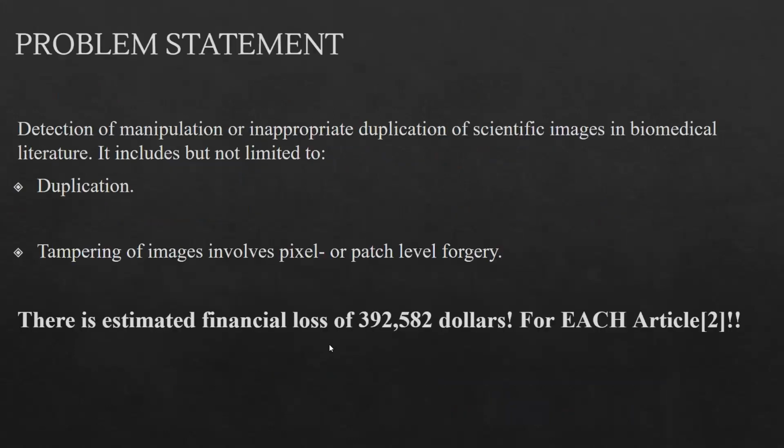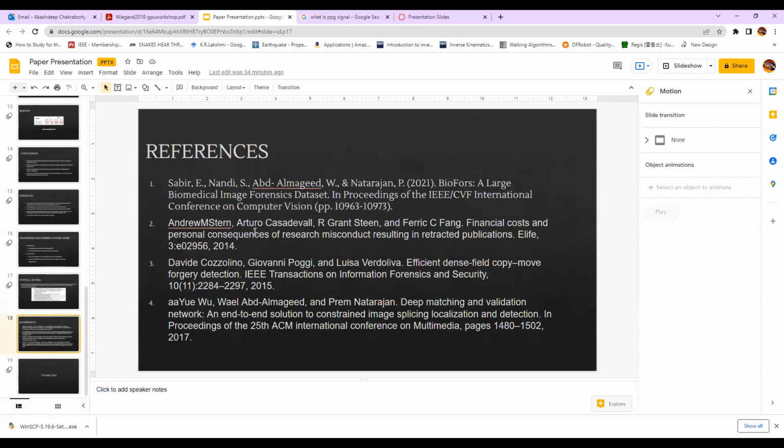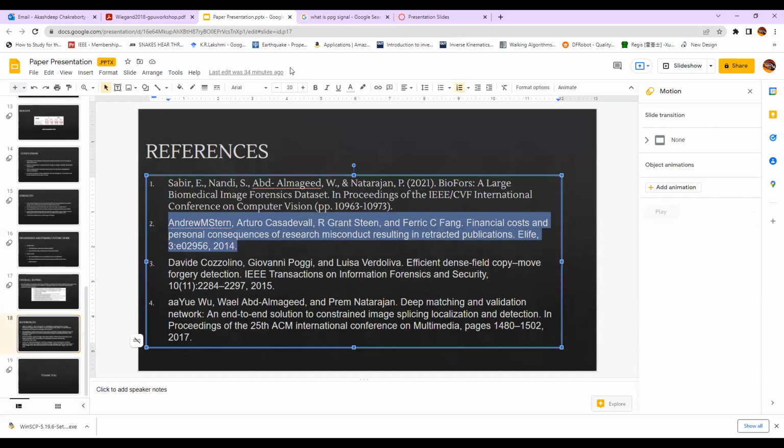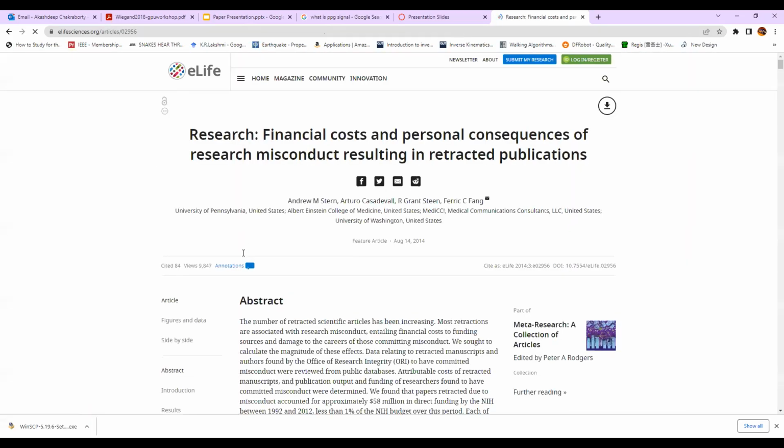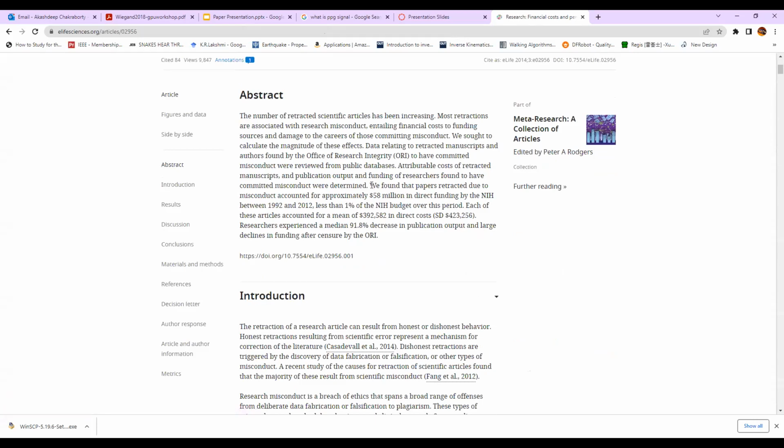which is an astounding figure of $392,582. And this is not an arbitrary number. Can I get out of this presentation mode and go to the references over here? I didn't go completely through this paper, but they mentioned that papers retracted due to misconduct accounted for approximately $58 million in direct funding by the NIH between 1992 and 2012, which is a huge number again.